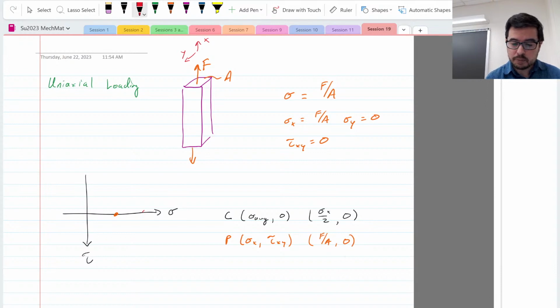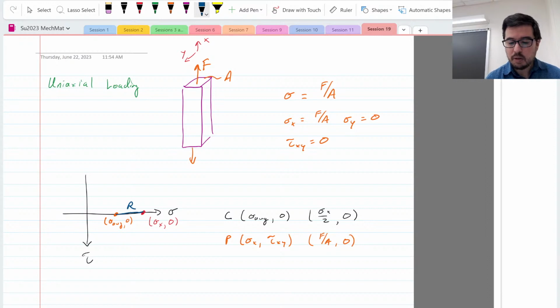Use a different color. Okay. So this is sigma x, comma 0. This one over here is the center. That's at sigma average, comma 0. I can figure out what the radius is right here.